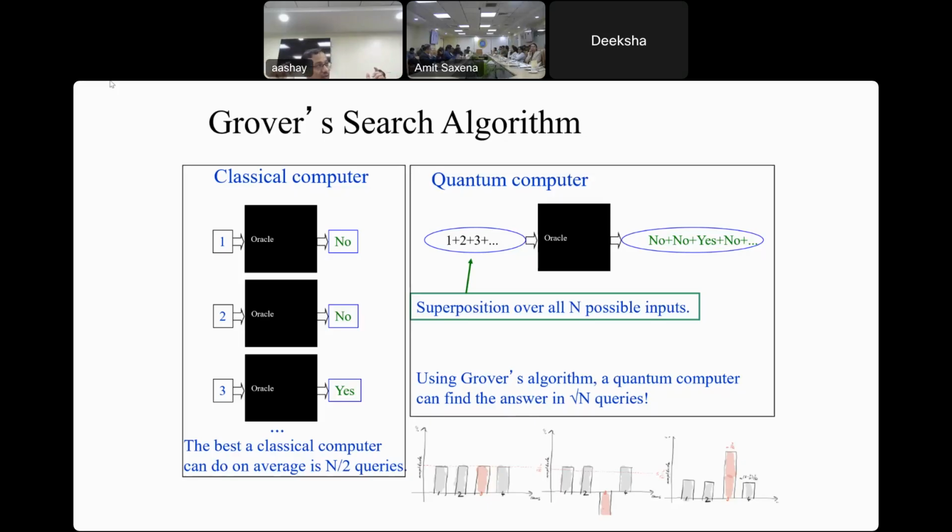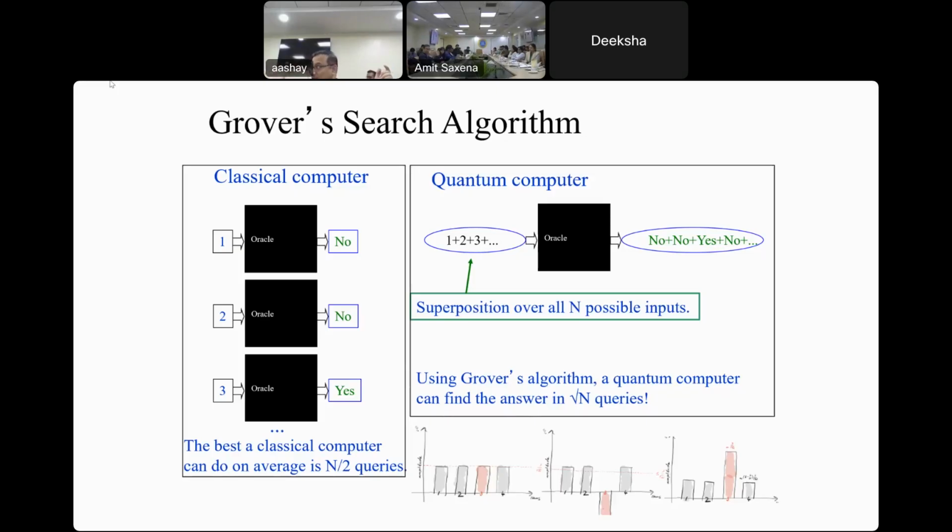The oracle will be made in such a way that once the condition is satisfied, this particular amplitude will be marked, or we phase-invert the amplitude. So the amplitude of that particular state, for which the oracle is true, has its phase inverted, right?